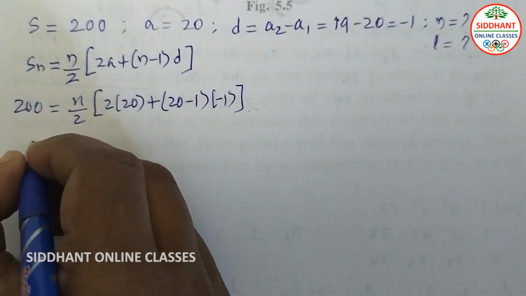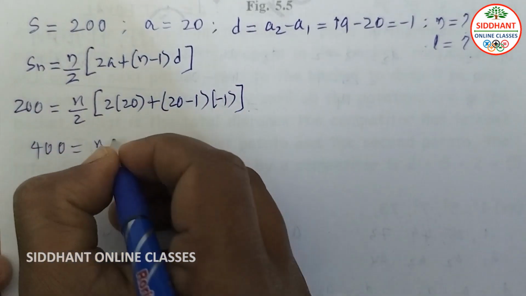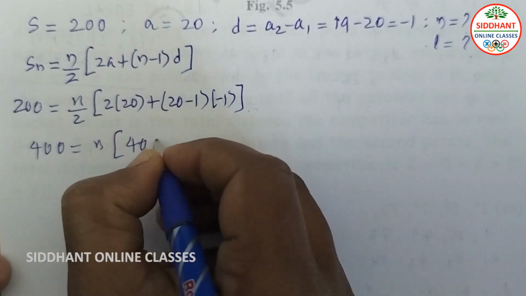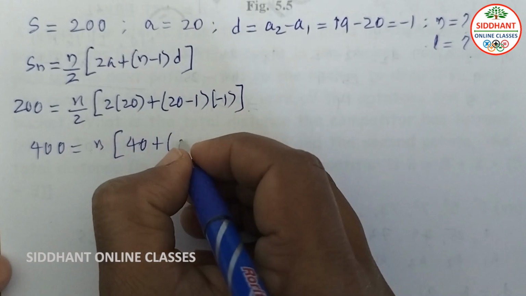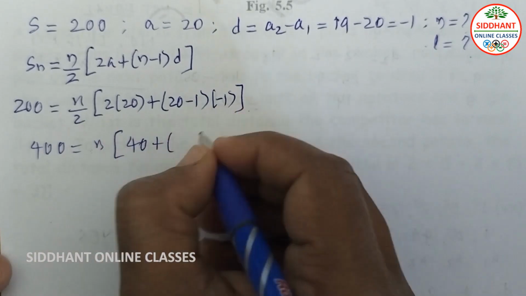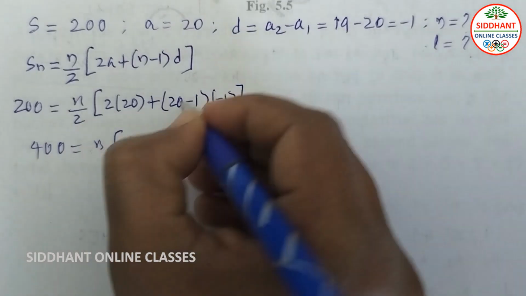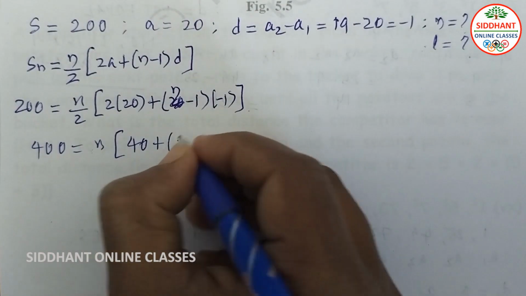So 200 into 2, which is 400, equals n (2 into 20, which is 40, plus (n minus 1) into minus 1).